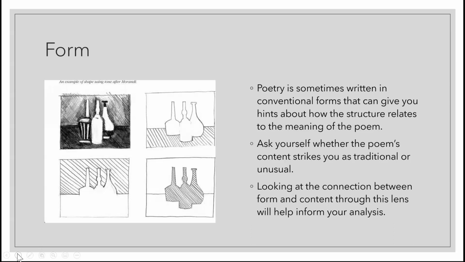Do you see an image, right? Is there a set number of stanzas, a set rhyme scheme, something that can identify it as being a specific type of poem? Looking at the connection between form and content through this lens will help inform your analysis.